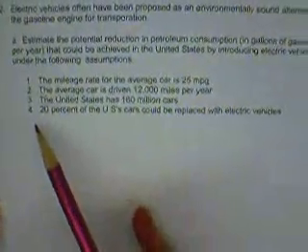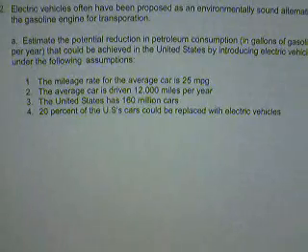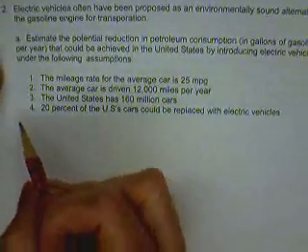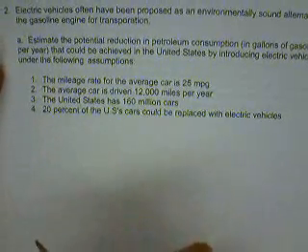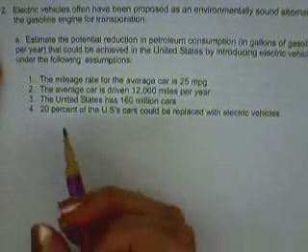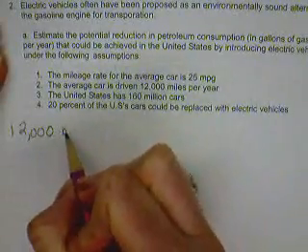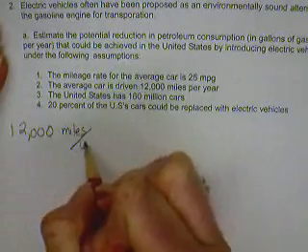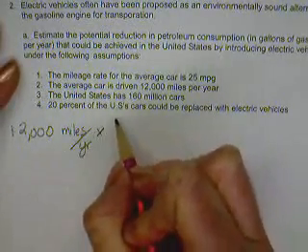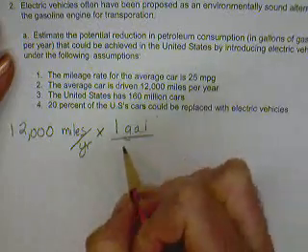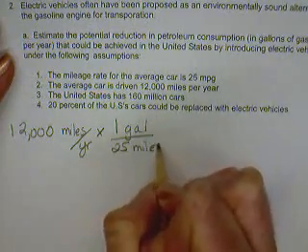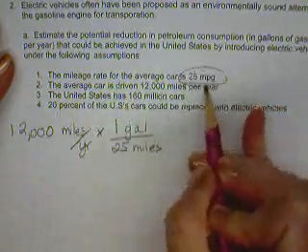Okay, turning over to number 2. Number 2 has 4 givens for 1 answer. So the first thing we're going to do is find out how many gallons of gas are needed per car per year. A car drives 12,000 miles per year on average, and 1 gallon of gas lets you go 25 miles because it's 25 miles per gallon.